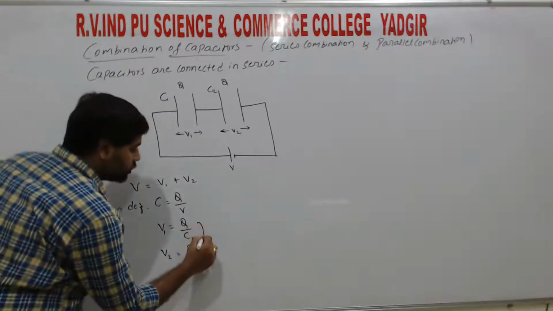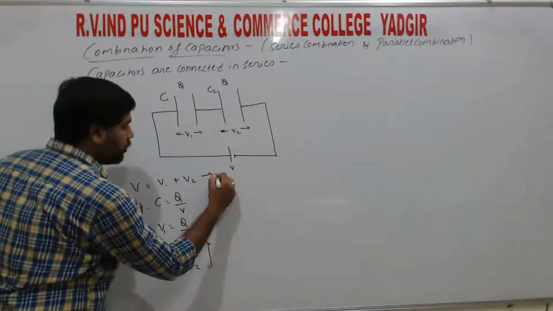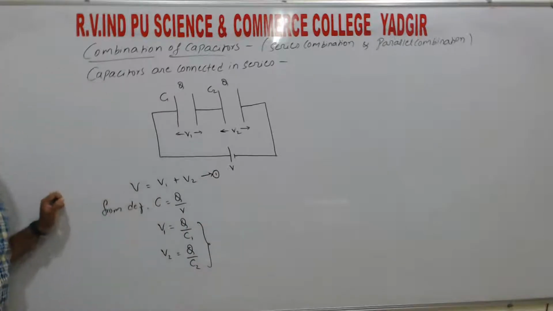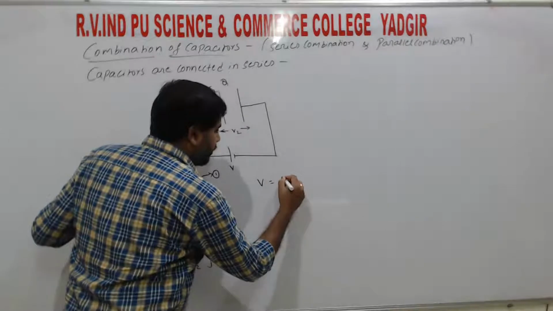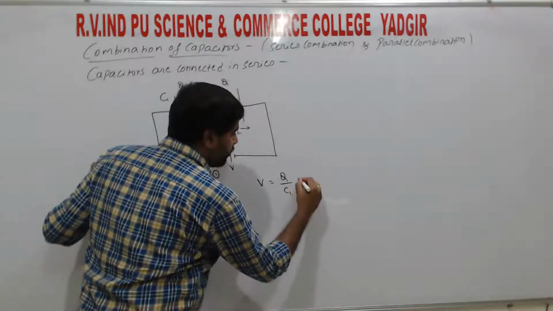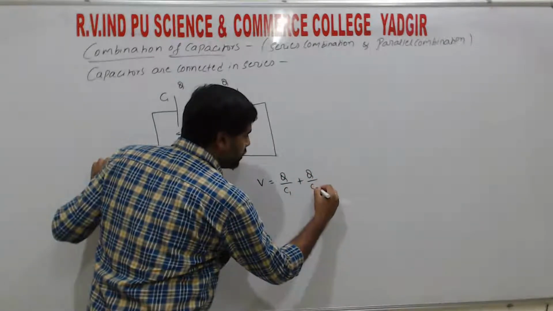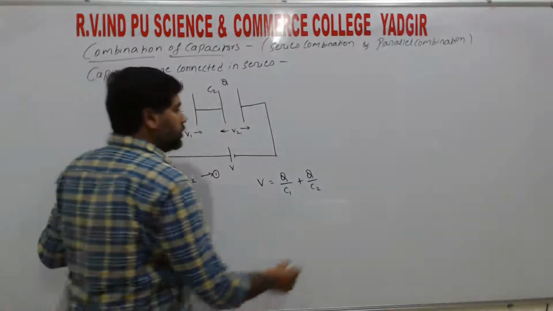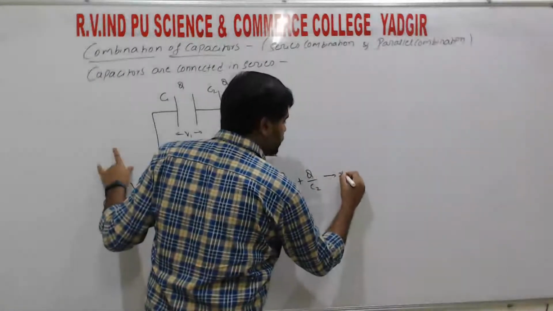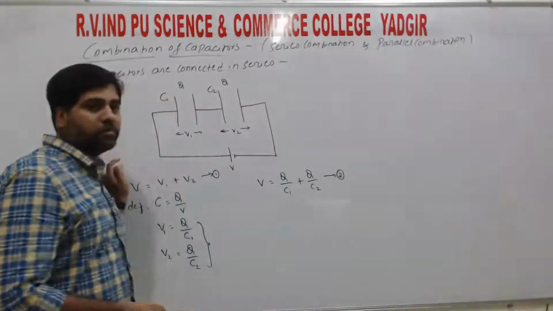Now substitute V1 and V2 in equation 1. So potential V is equal to Q by C1 plus Q by C2. We call this equation 2.